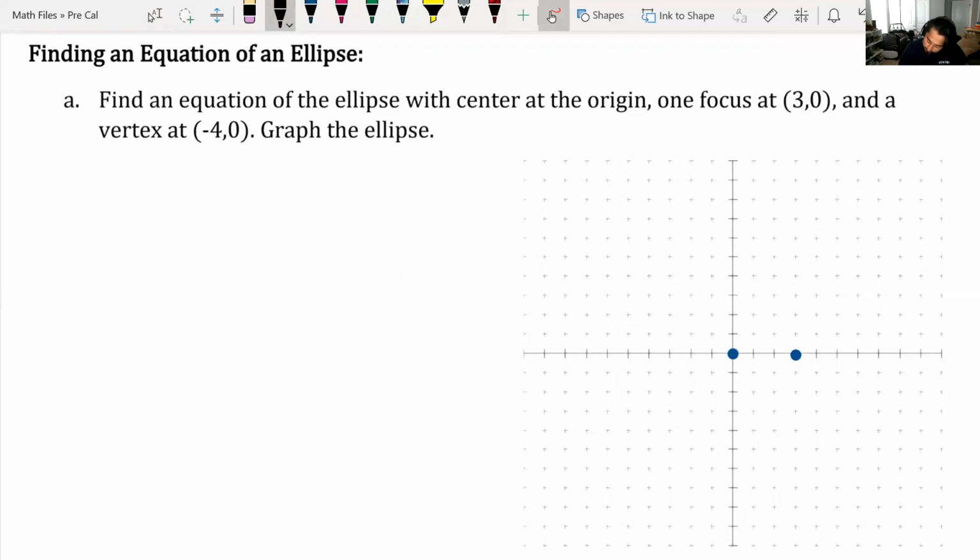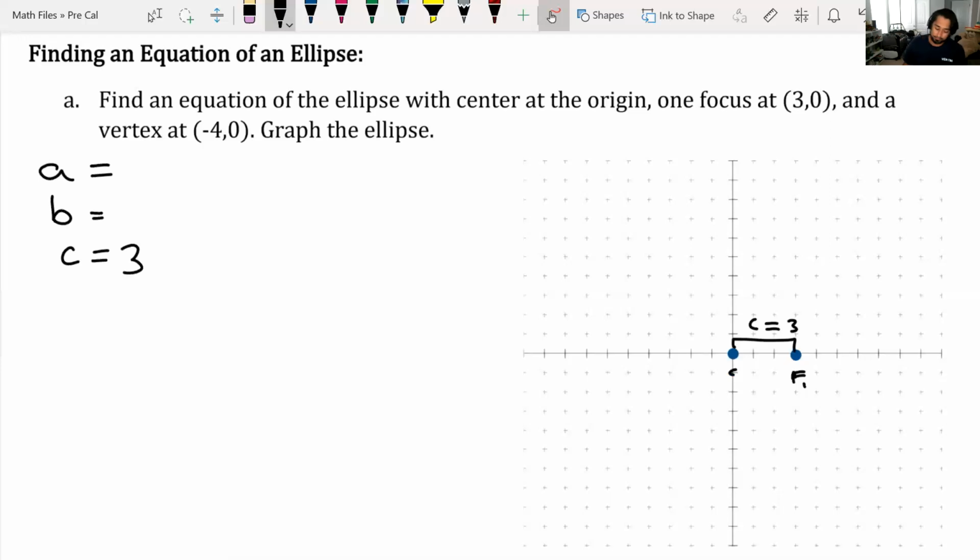There is focus 1, which means that, remember, the distance from center to focus is represented by C. So since the focus is 3 units away, C is going to be 3. So let me label all that stuff over here. We're going to say A, B, C. And we know that C is 3.